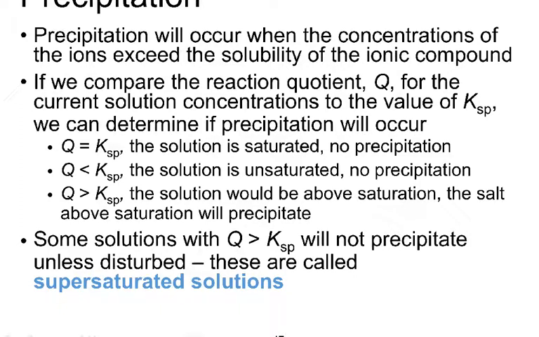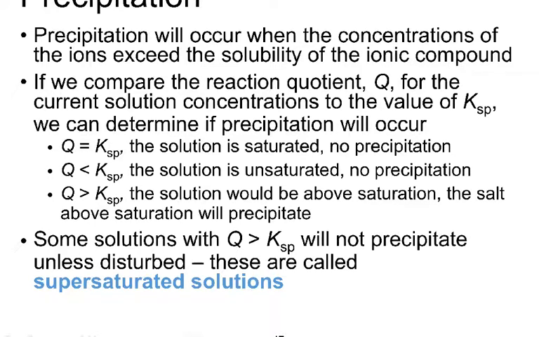If they're equal to each other, our solution is saturated, we're not going to precipitate. If Q is less than Ksp, the solution is unsaturated, so we're not going to precipitate. And if Q is greater than Ksp, we're above the saturation point and the salt will precipitate.